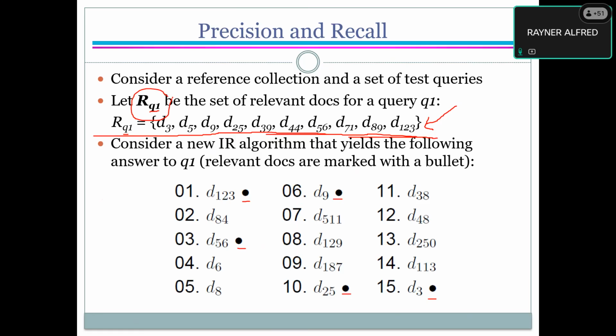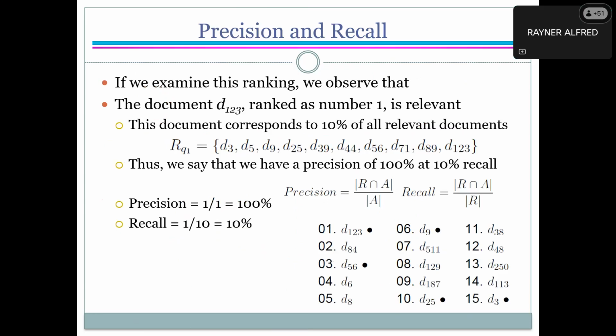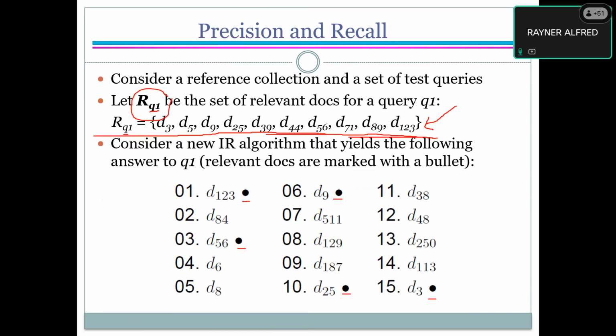Okay. So we need to go step by step. Okay, the way we do it is that we mark at each of the relevant documents, for example, here. Okay, what is the precision at this point? Okay, how many do you return here?